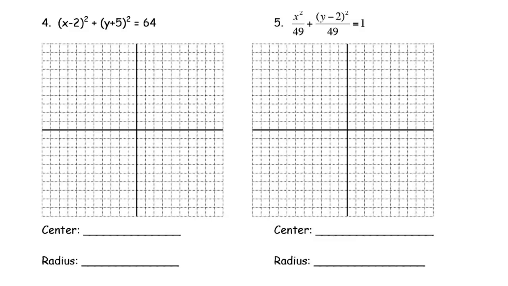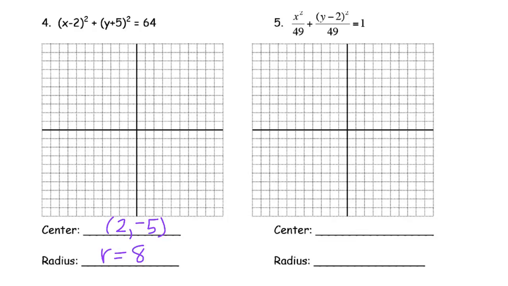All right, for our next ones, it looks like we have circles here. For these, it might be quicker just to pick out your center from what we have here. With the first one, our center looks like it's going to be positive 2 and negative 5, and our radius is going to be 8.